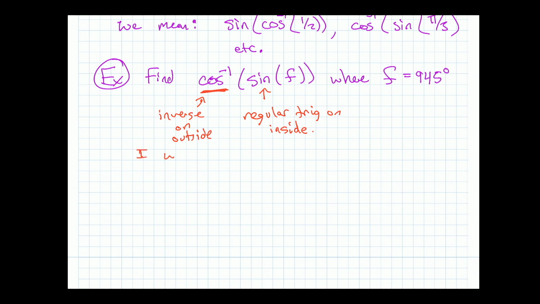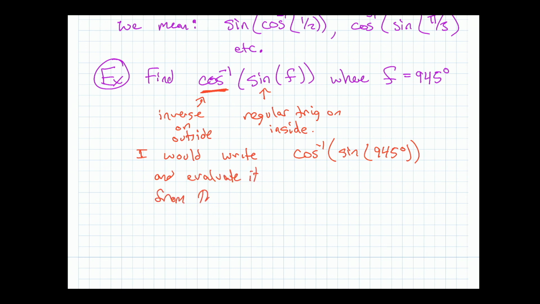I would write cosine inverse sine 945 degrees and evaluate it from the inside out. What's that mean? Well, what I mean is I would just say we've got sine 945, right? I can find sine 945 on a calculator. I could even type that whole thing in.